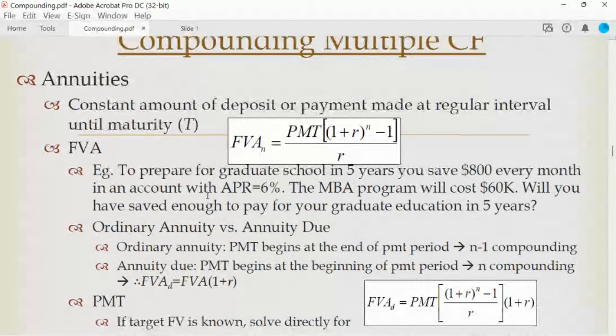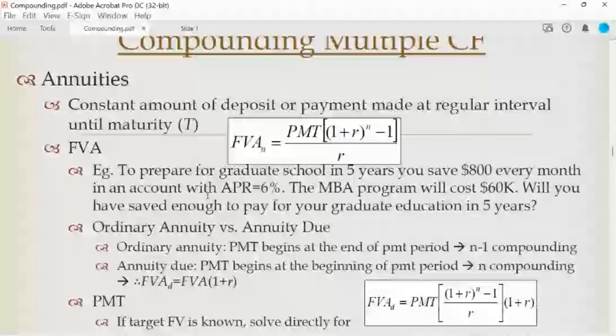So to prepare for that, you get a part-time job and you save $800 every month. It has to be a constant amount. It cannot be an irregular amount. It's not like one month 800, another month 750, another month 600.